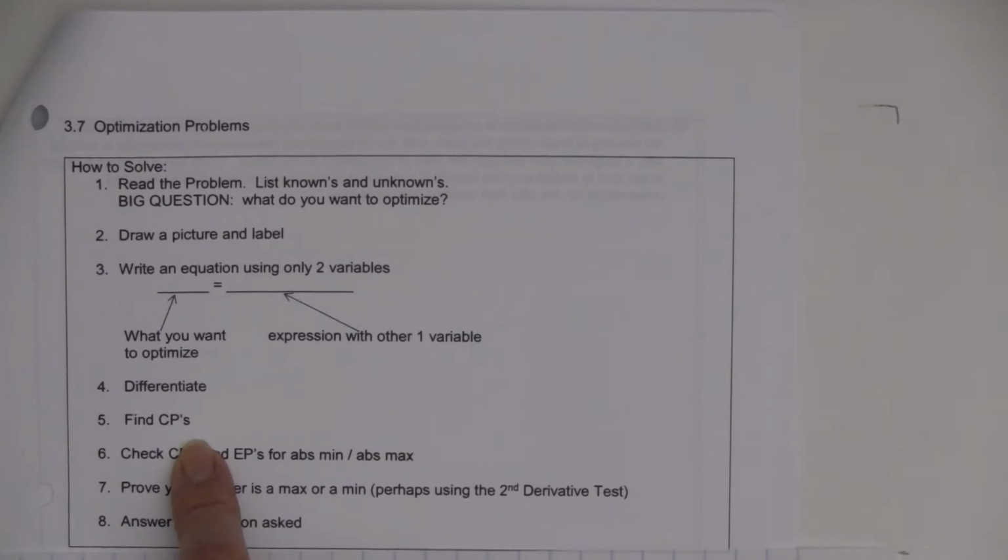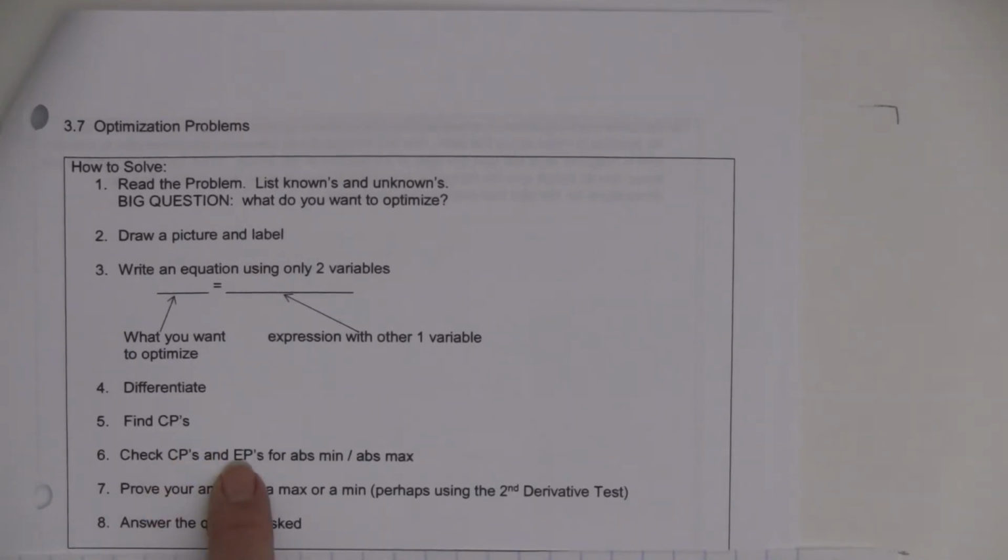We can find the local min or local max or the absolute min or absolute max by finding the critical points. Most of the time we're looking for the absolute max and absolute min, but it happens at a local spot. Also evaluate your critical points and your endpoints to see which one is the absolute min or the absolute max, whichever you're trying to find.